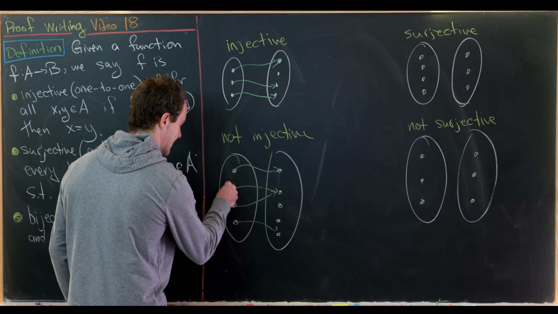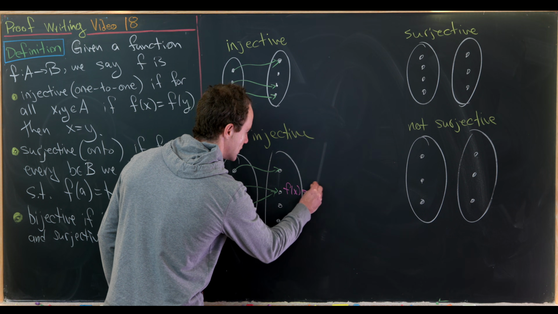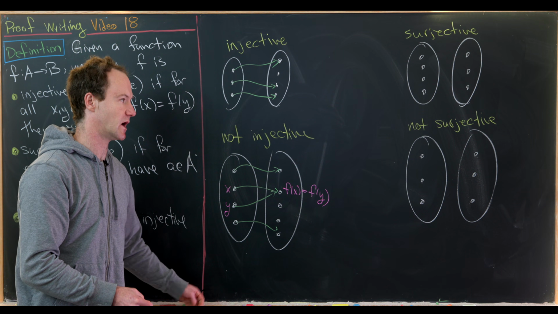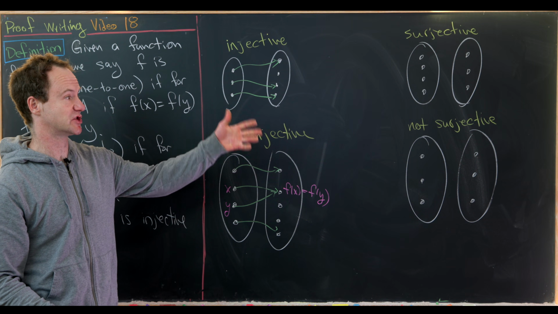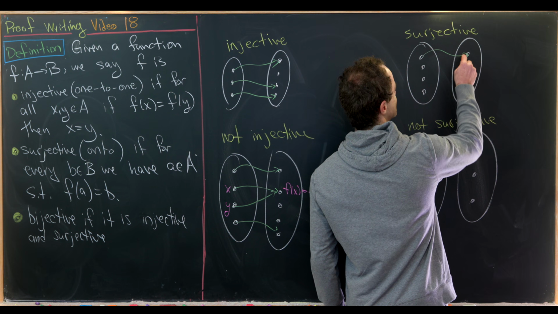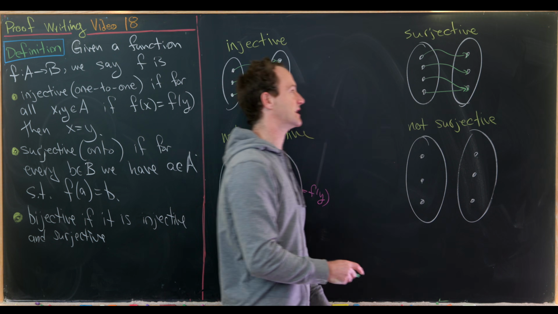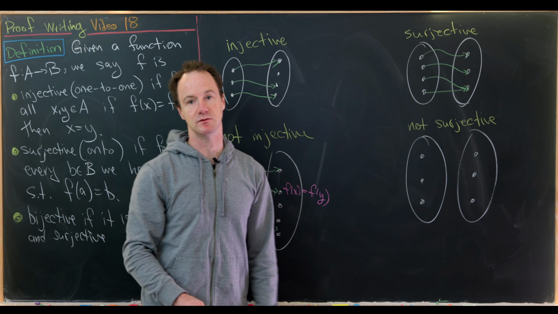Notice if this were x and this were y, here we have f(x) equals f(y), but x is not equal to y. Okay, now let's go over and explore a surjective and a not surjective function. So a surjective function means everything in the codomain is landed on, and this would be an example. Notice every dot over here is mapped onto.